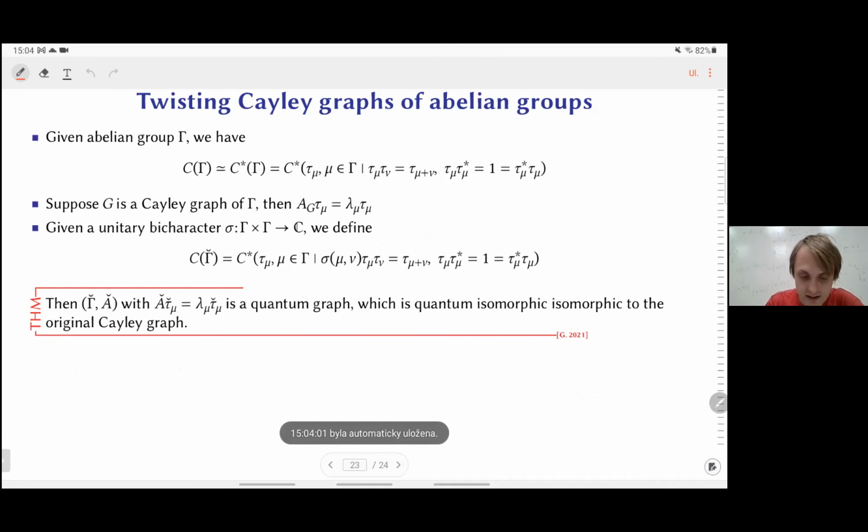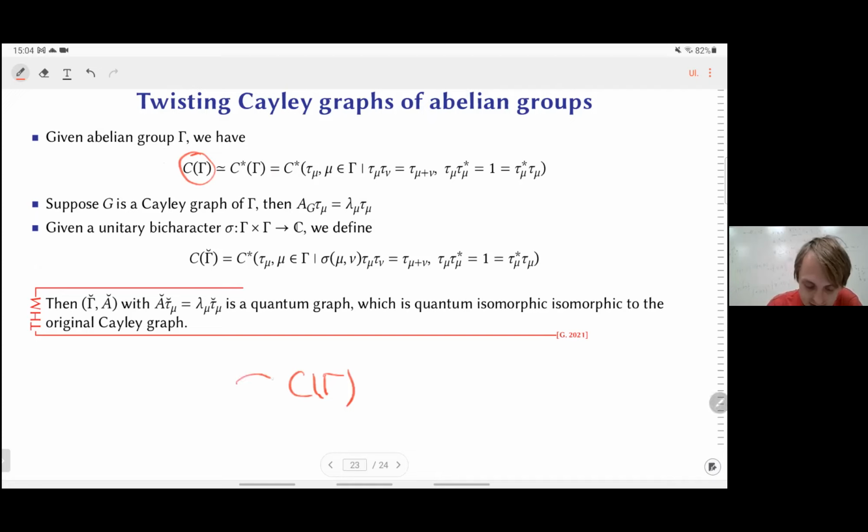And lastly, this twisting of Cayley graphs of abelian groups. This is basically a well-known construction where you take a Cayley graph of an abelian group, the algebra associated to the vector set of vertices.